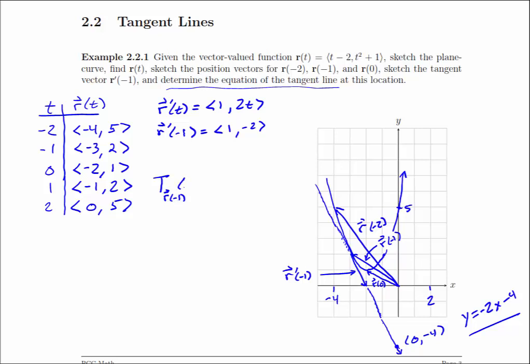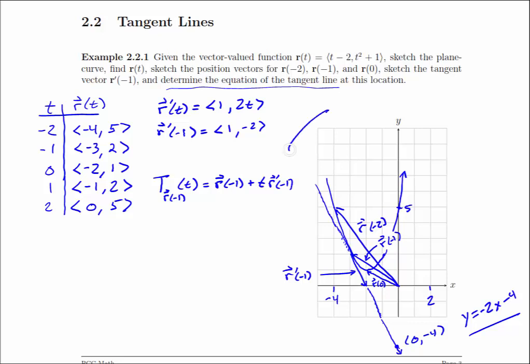So the tangent line here is going to be some initial point, which we know an initial point is r of negative 1, plus a scalar t of our tangent vector, which I'm going to write as r prime of negative 1.